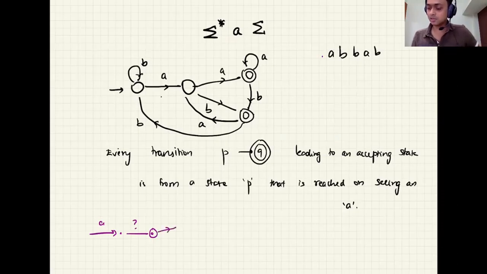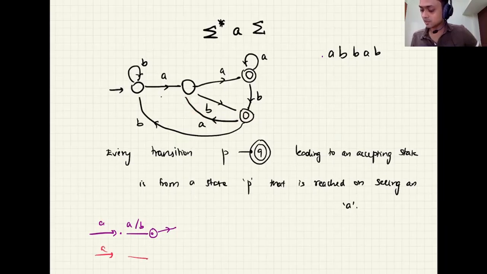In that case, we have to make a distinction between what we are reading, either A or B. That's why we first had this division into 2 states. A, B, you accept. A, you go here. The extra condition is that as long as you keep seeing an A, you stay here. Whereas if you see an A here, you have to go back here because you come here with a B.